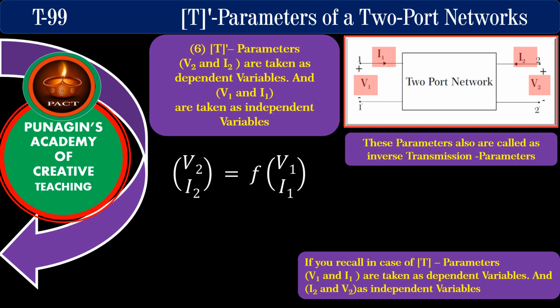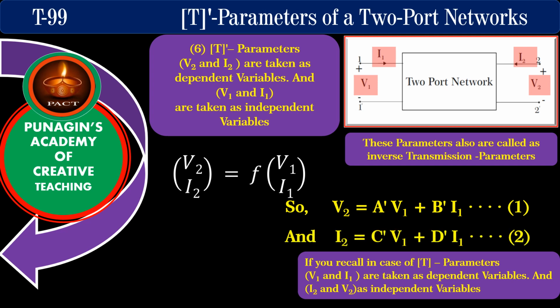So, using this relation, we can write two equations in terms of inverse transmission parameters. The first equation is V2 is equal to A prime V1 plus B prime I1.